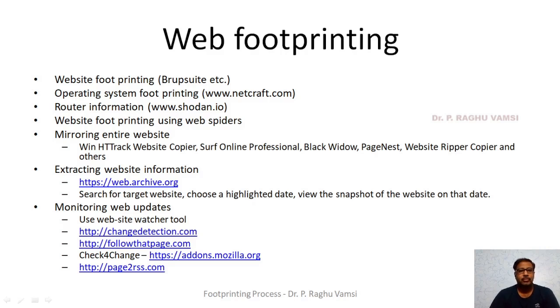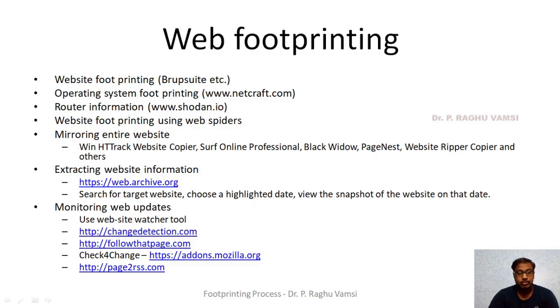For that, there is a powerful website called web.archive.org. You may go to this link and search for any website of your choice, and you can choose a date on which the website was modified, and you can get the entire site as modified on that particular date.